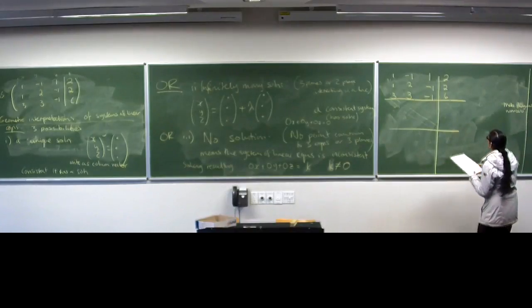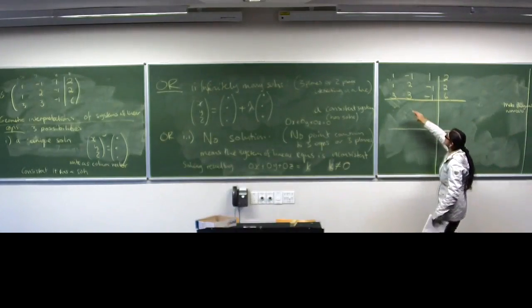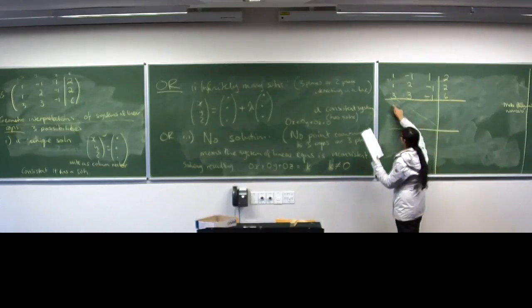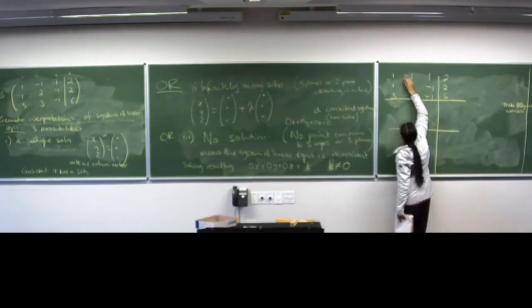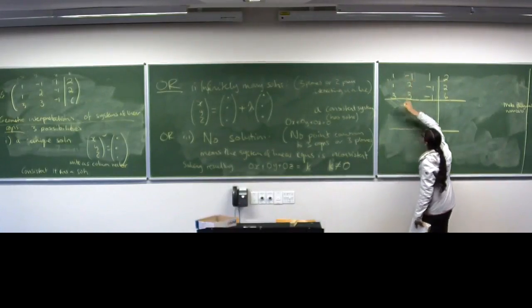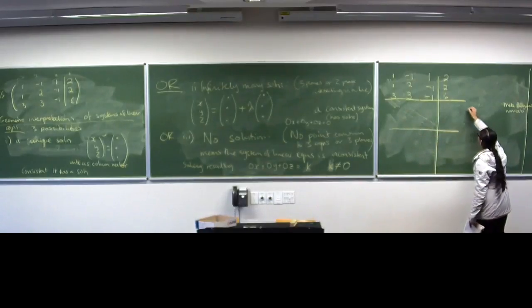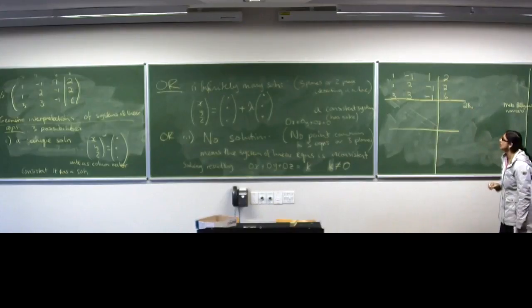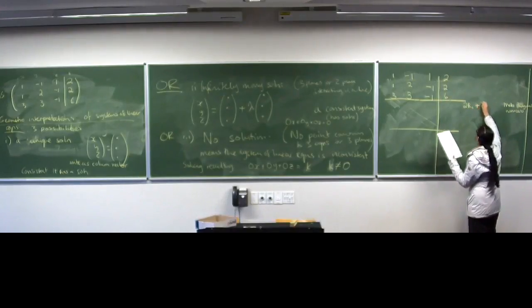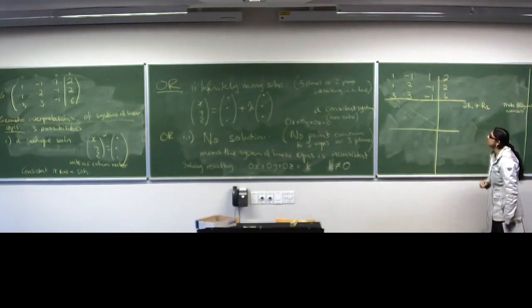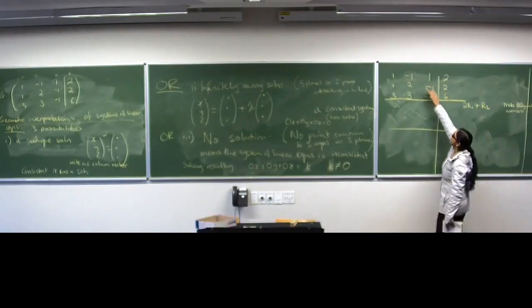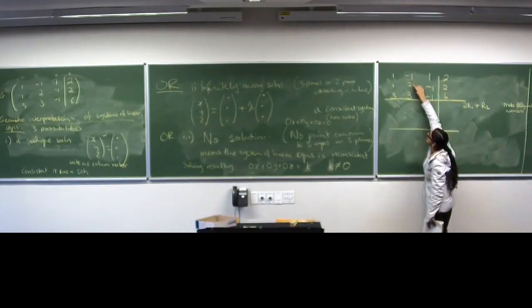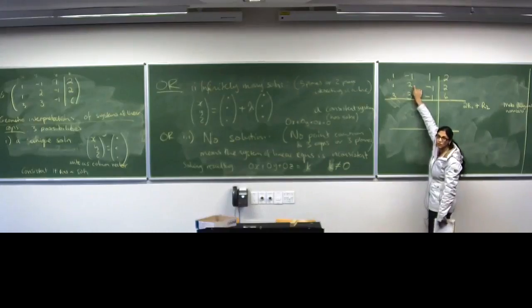Basically, we start by saying I'm going to make this one a 0. To make that position a 0, I'm going to say 2 times row 1 plus row 2, because if I had 2 times that and I added it to that, I'd get 0, wouldn't I?